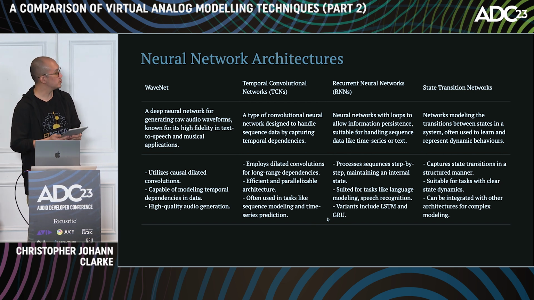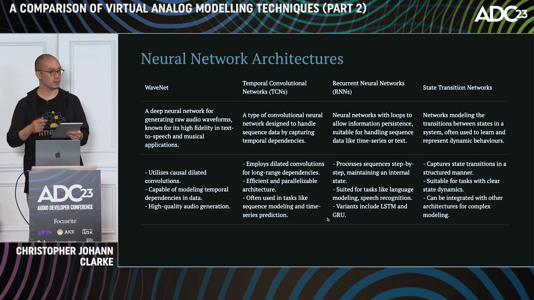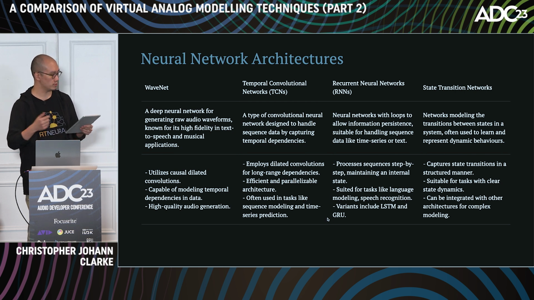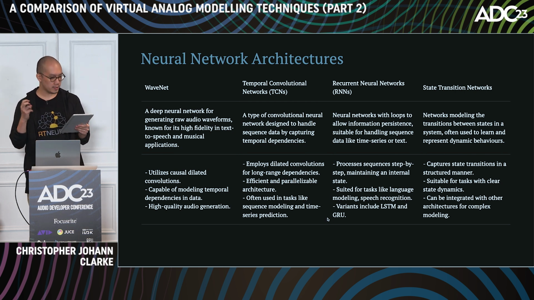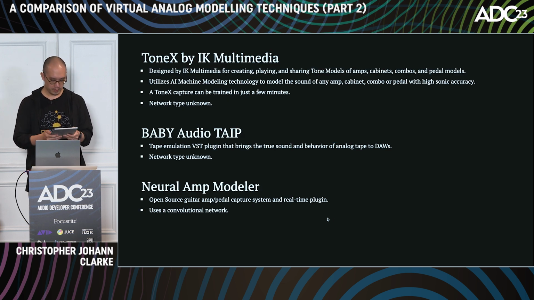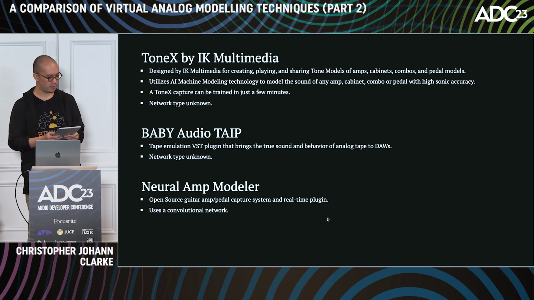And recurrent and state transition networks use some sort of feedback mechanism or memory in order to encode or learn more temporal information about sequences. On this slide, we showcase some available audio products that we know utilize neural network technologies. The last on this list we are aware uses convolutional neural networks.